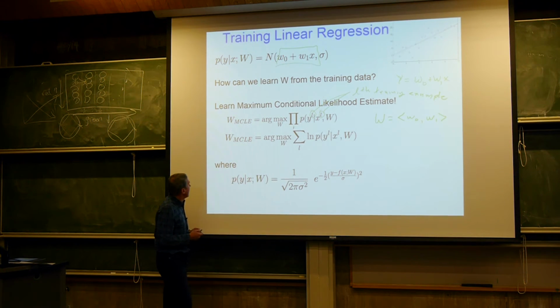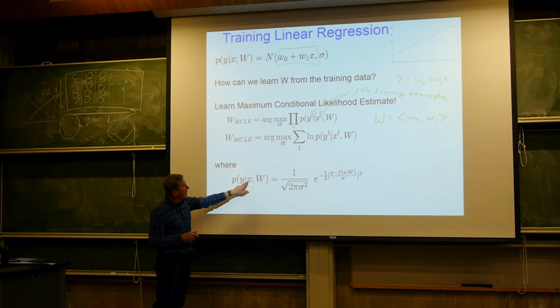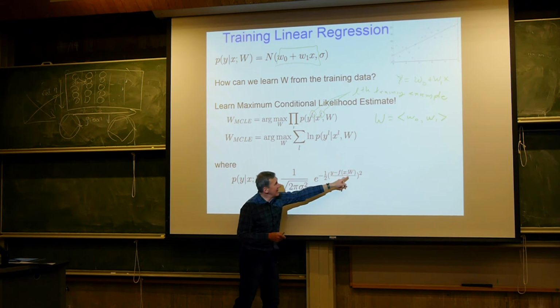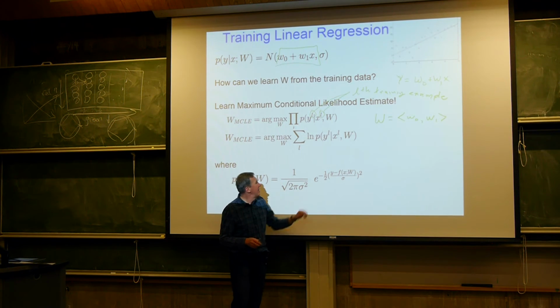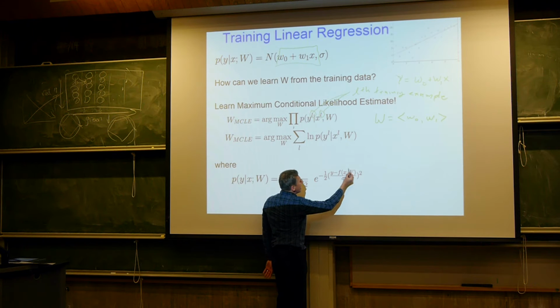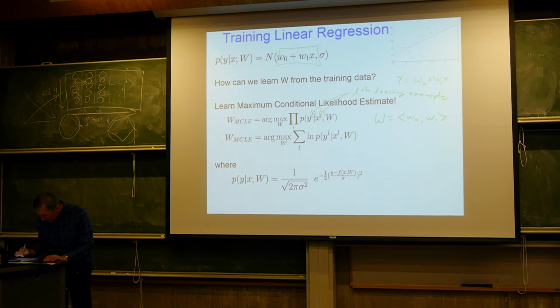And here, my probability distribution on y given x is exactly this. This is just the formula for a Gaussian. For the mean, I've plugged in f of x given w, which in our case is just w0 plus w1x.